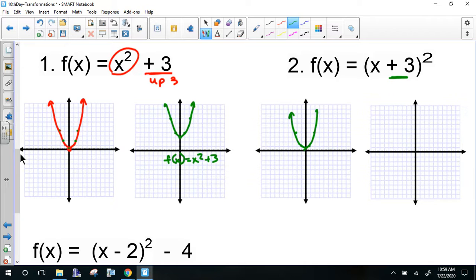So if I move this left 3, every point's going to go left 3. So here's the graph of x plus 3 all squared.